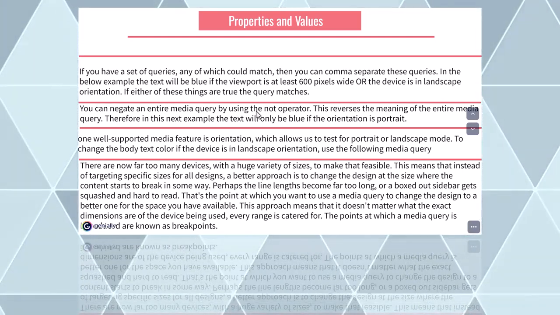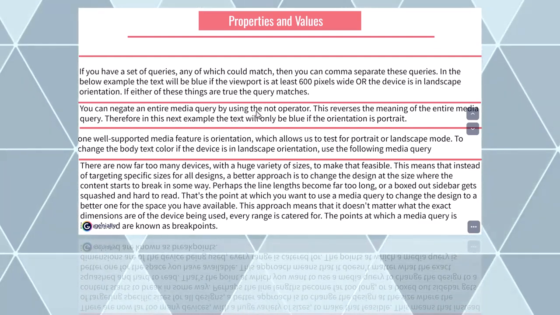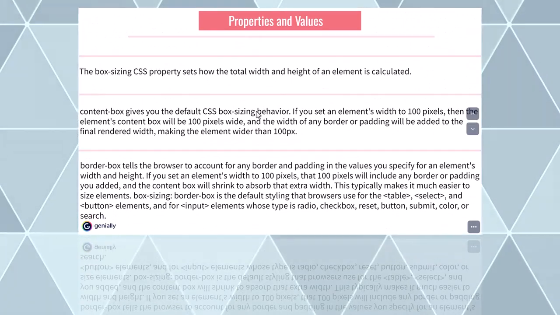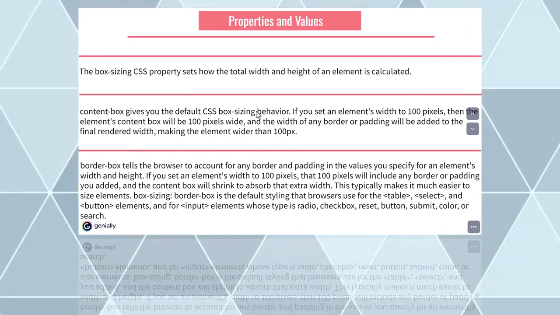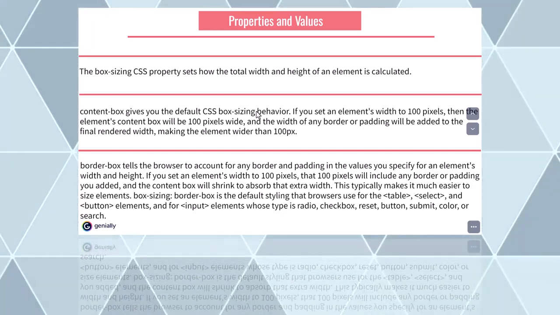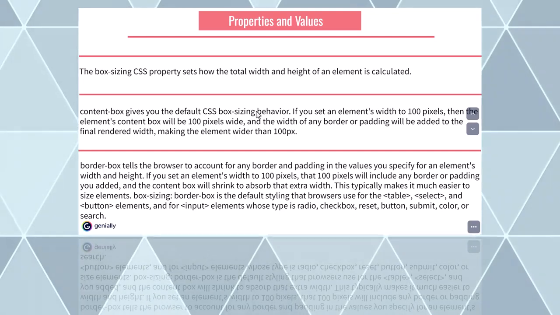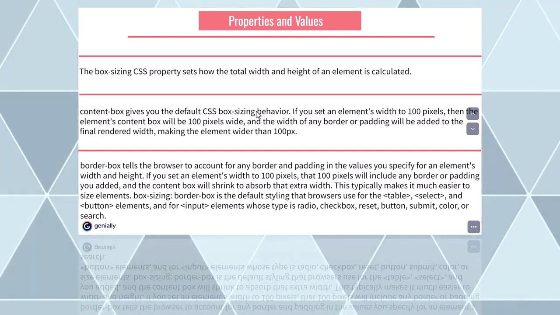Then we have the box sizing CSS property. The box sizing CSS property says how the total width and height of an element is calculated.